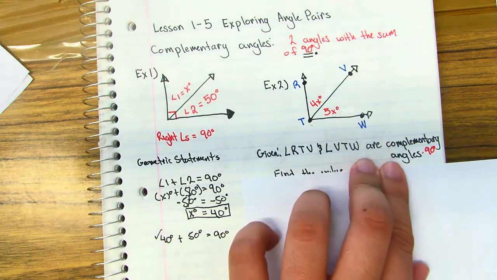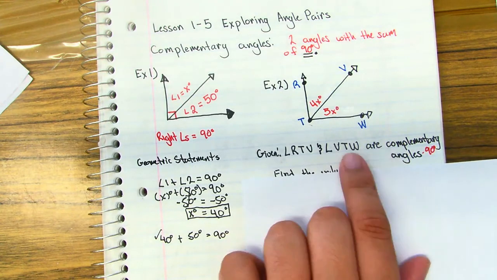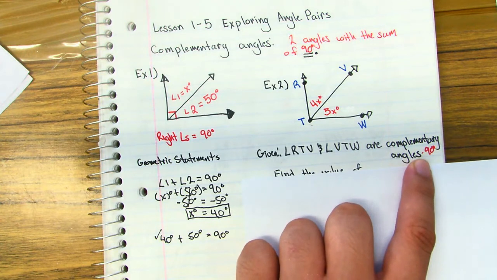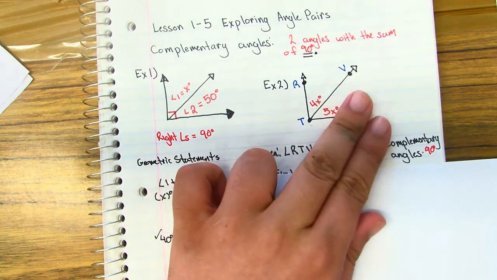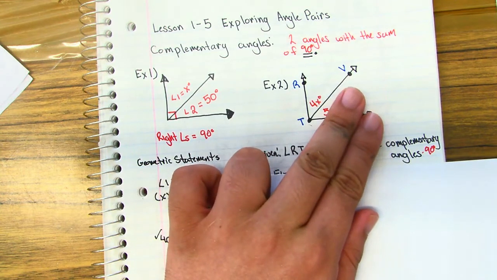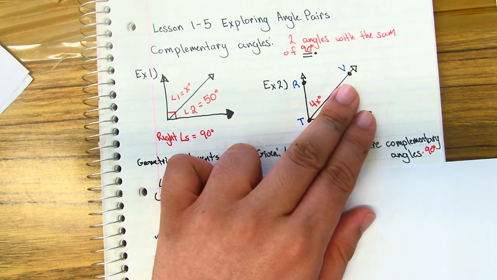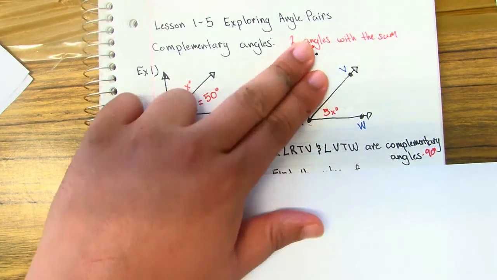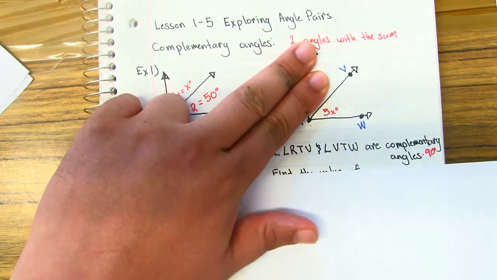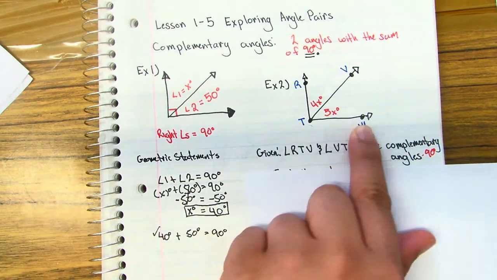What does complementary angles mean? Whenever they state this, that means they'll equal 90 degrees. So you know that the angle of RTB plus the value of BTW will equal 90 degrees.